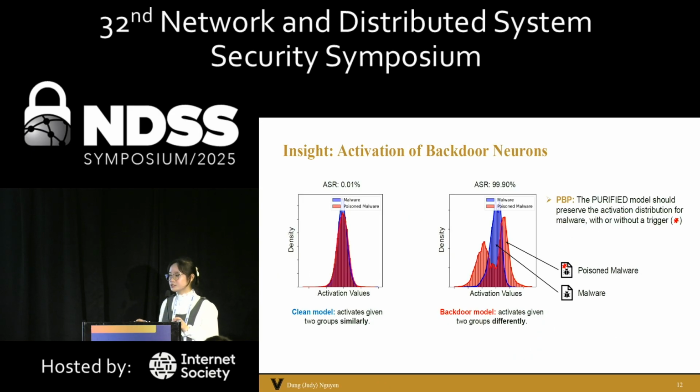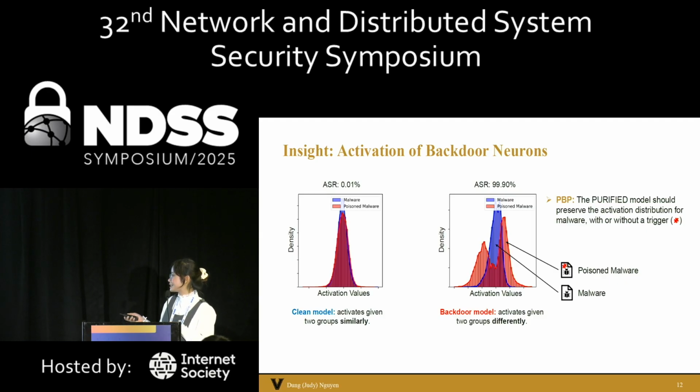So let's look closer into how the backdoor neurons change the model's internal behaviors. This is the plot of the activation of the backdoor neurons for two versions of the model. On the left is the clean version, and on the right is the backdoor version. We study it under two groups of data. The first group is the malware data, and the second group is the poison malware, the same malware samples but with the trigger added.